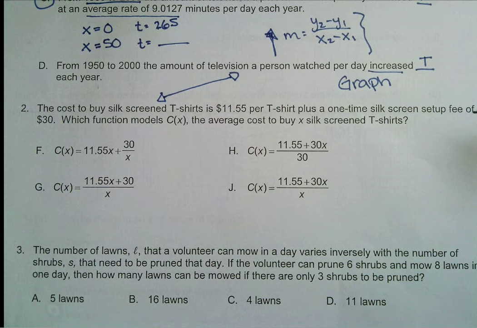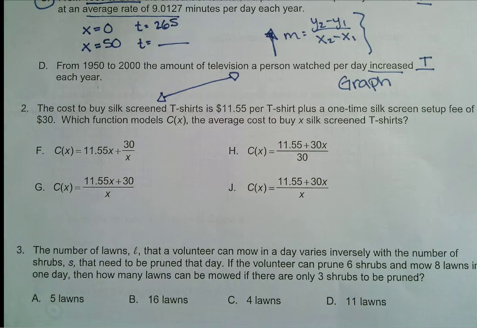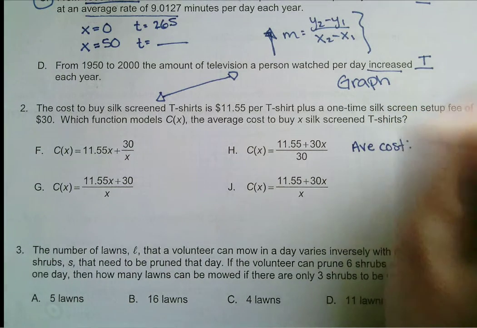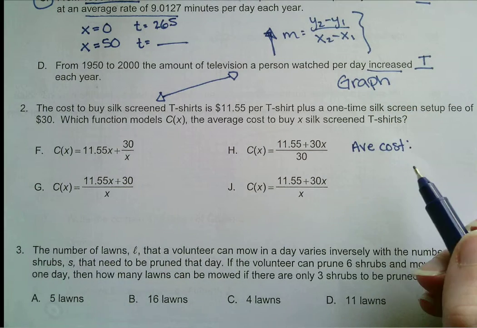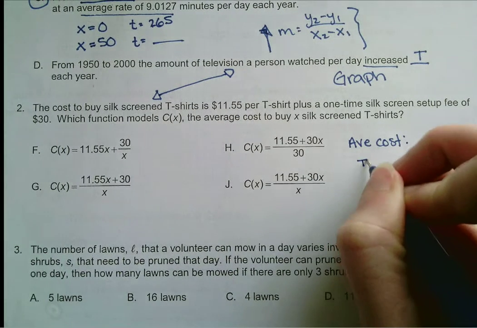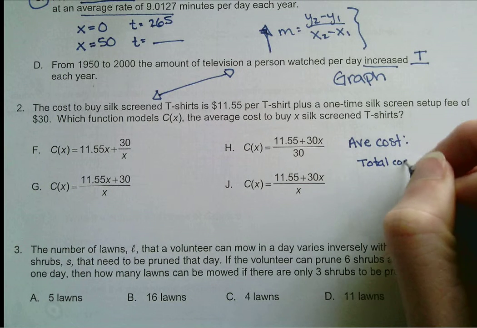So this is our average cost equation. If you want to know how much it costs on average, I need my total cost for my shirts, so this is going to be your total cost plus your fee divided by the number of things.